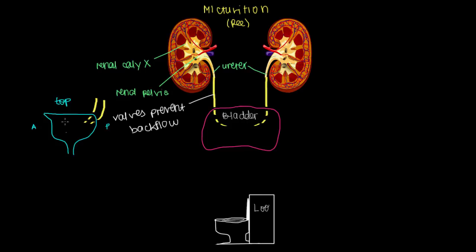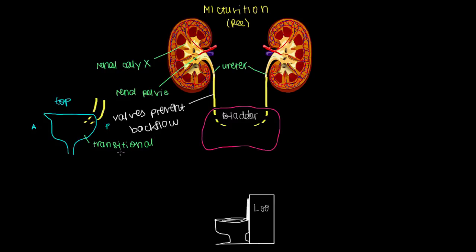And the fancy thing about our bladder is that it's lined with something that's called transitional epithelium, which is something like what you've heard of before. You may have heard of squamous epithelium, which is just flat epithelial cells, or columnar epithelium, which are taller cells. Transitional just means they're somewhere in between.